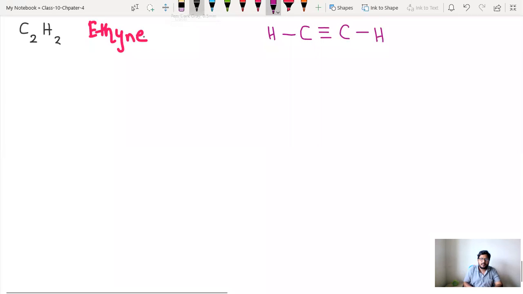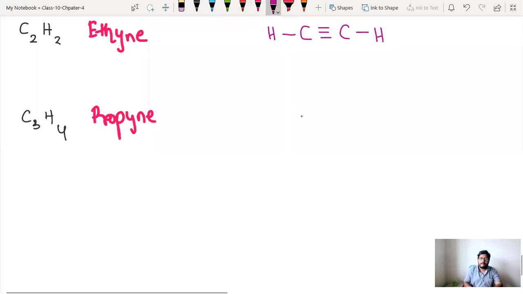And next we have C3H, 3 twos are 6, 6 minus 2 is 4, so C3H4. The name: meth, eth, prop. It is prop-alkyne, so propyne.